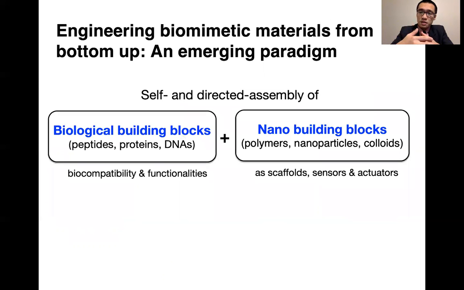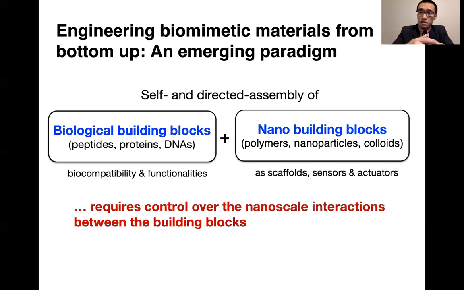What we have been seeing here is that we can combine the functionalities and compatibility from biological building blocks with synthetic building blocks like polymers, nanoparticles, and colloids. And it is really shaping up an emerging paradigm, because now we can have the advantage of two different worlds, where we can provide both functionalities and strength, and sensors and actuators in the whole nano devices and materials.